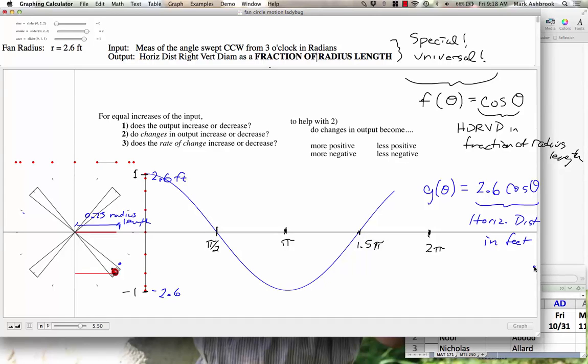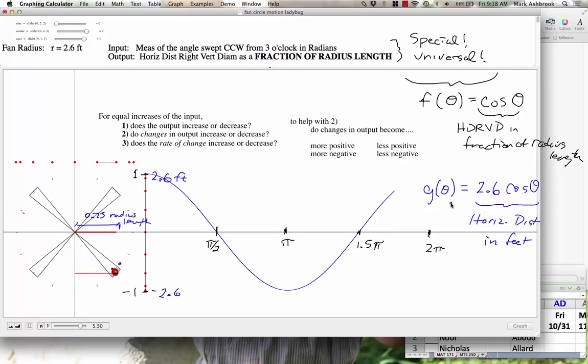It should make perfect sense. Cosine is giving us the fraction of the radius, so we want that fraction of 2.6. So we multiply. Okay, so we've got our two functions that pinpoint the location of the bug, or a spot on the circle. Vertical distance is sine theta, horizontal distance is cosine of theta. So let's go back and practice a little bit.